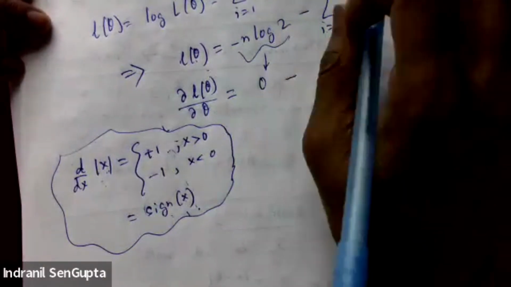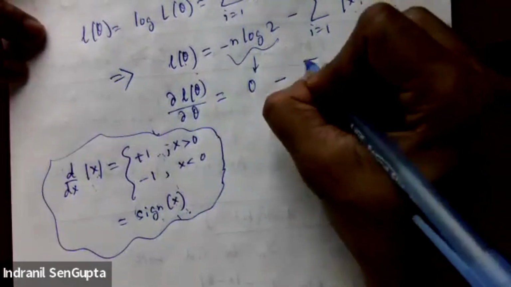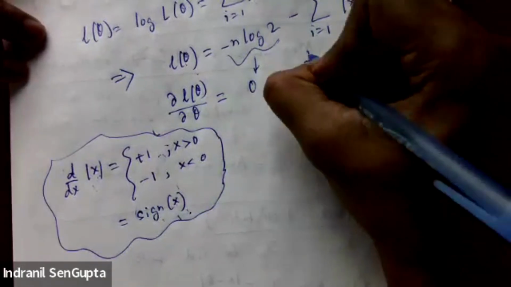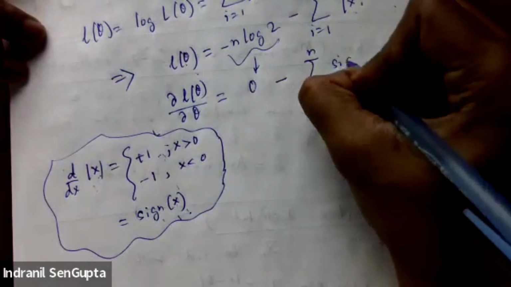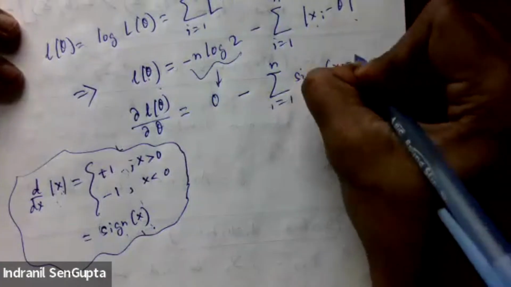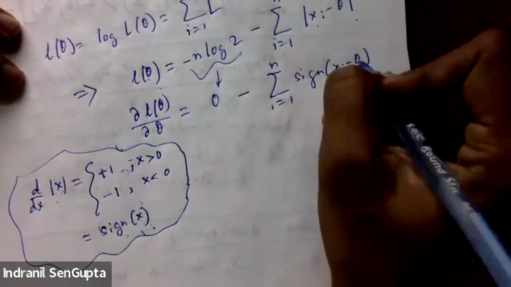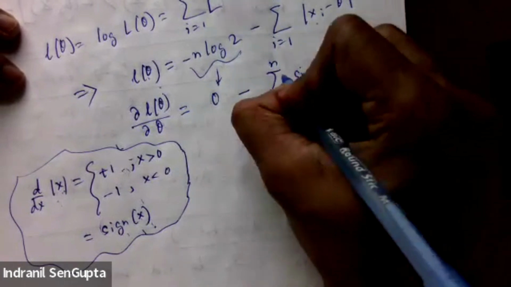Now this one is going to be minus. So if I differentiate this one, it's the summation i from 1 to n of the sign of xi minus theta. And then I have to differentiate with the chain rule, so the derivative of minus theta is a minus 1, right?